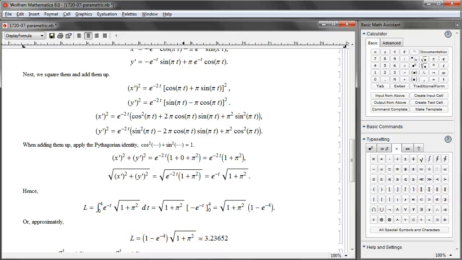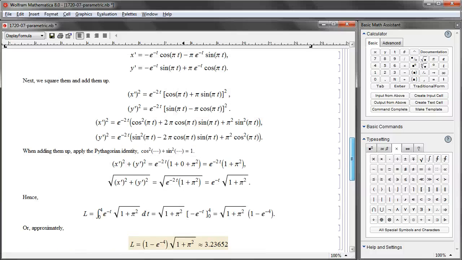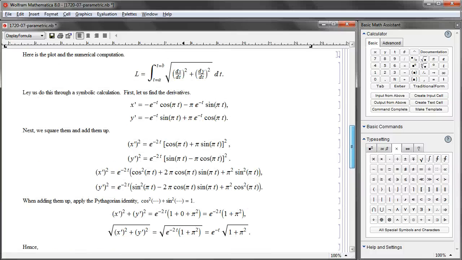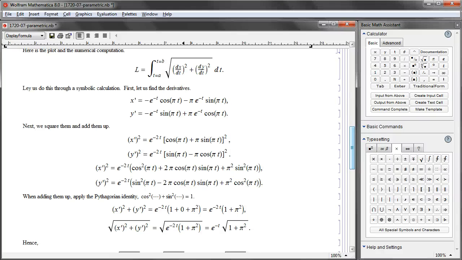This, believe me, is a typical problem, one of the easier problems regarding arc length. Nothing fancy took place here if you look at each individual step. We want this integrand, right? x prime squared plus y prime squared, and then take the square root of all that.